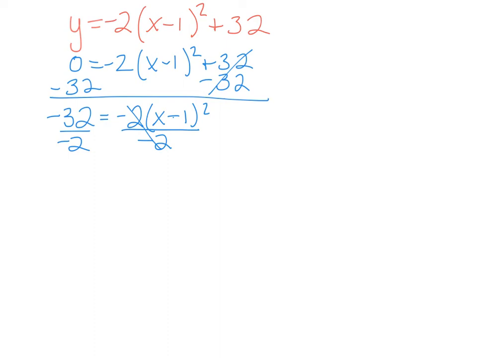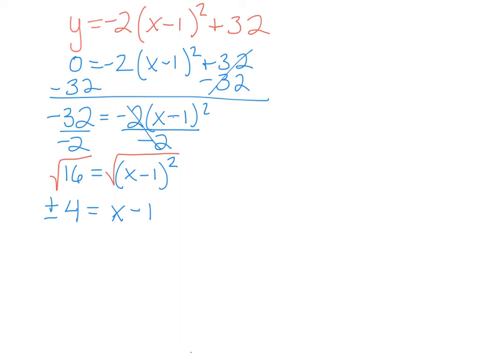Negative 32 divided by negative 2 is 16. So 16 equals x minus 1, the quantity squared. I have to take the square root of both sides, and the square root of 16 is plus and minus 4. The squared and the square root cancel out, so I'm left with x minus 1.